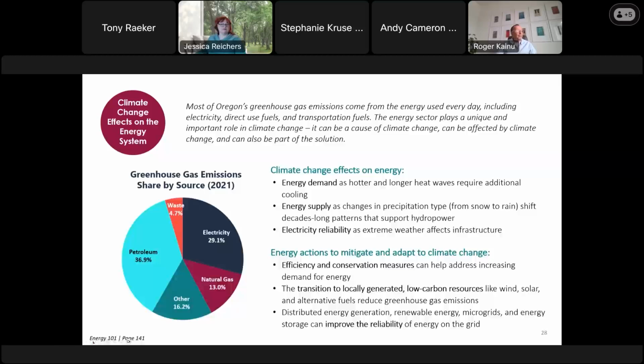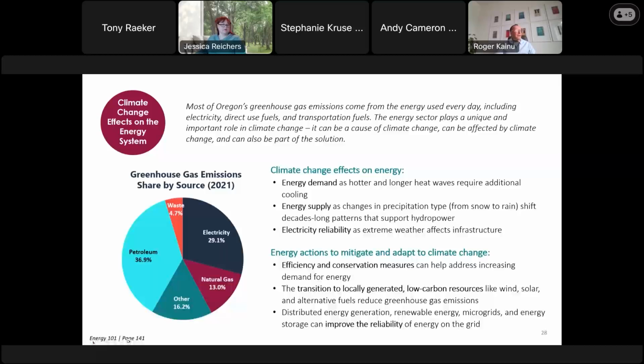With those higher temperatures caused by climate change, many areas of Oregon that historically receive snow during the winter are more likely to receive rain. This change in precipitation type will shift decades-long patterns of when hydropower, which accounts for nearly 40% of the electricity used in Oregon, is available across the Pacific Northwest.